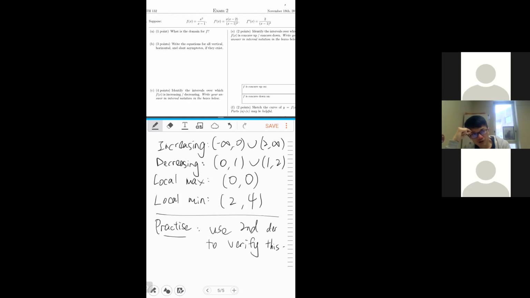Okay, if the slope is 0, then... all right, I'll let you check that.